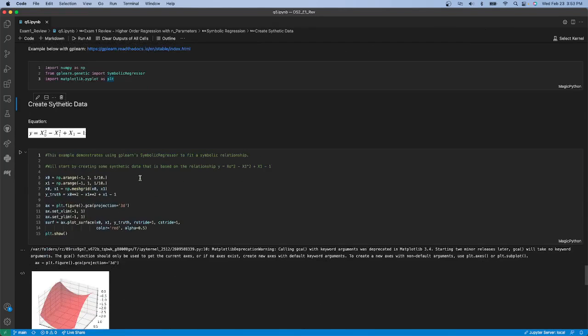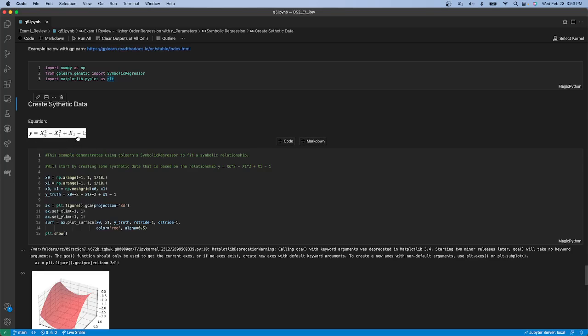Ideally, what we want to do is take data in the real world and condense that down and see if there's a formula that comes out of it. But for the sake of this demonstration, and shamelessly, I did take this from the gplearn documentation, so feel free to go back and look at that. Basically, we're going to take an existing equation, this equation to be exact.